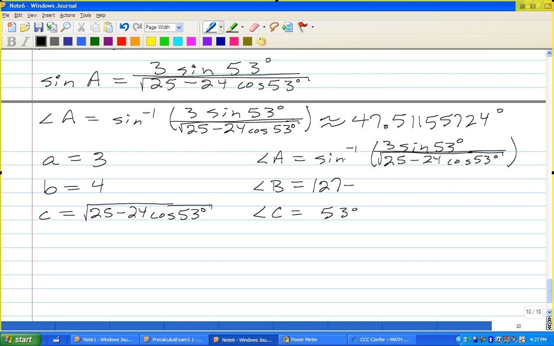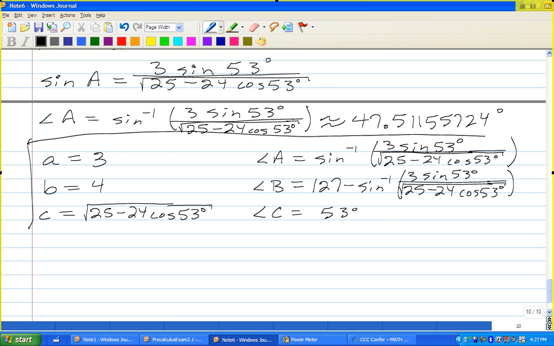Minus angle A, sine inverse 3 sine 53 over the square root 25 minus 24 cosine 53 degrees. Okay, so if I add those up, I'll just get 180. And that is my triangle.